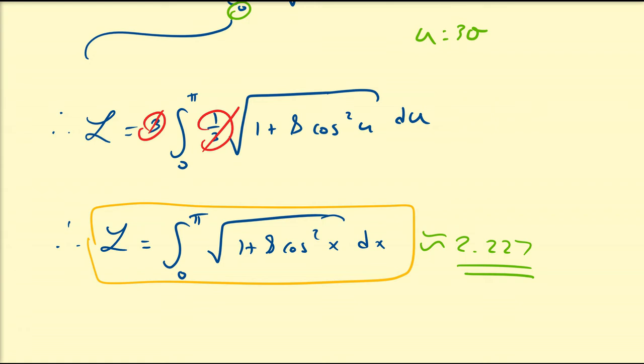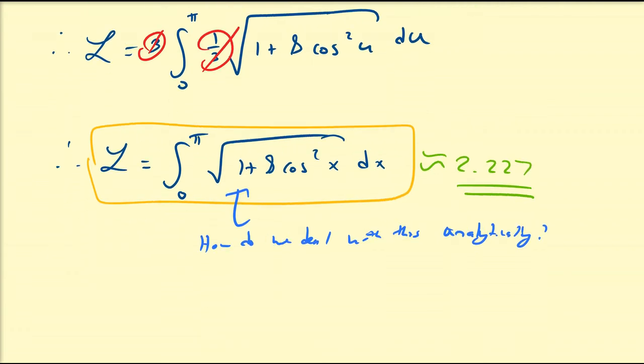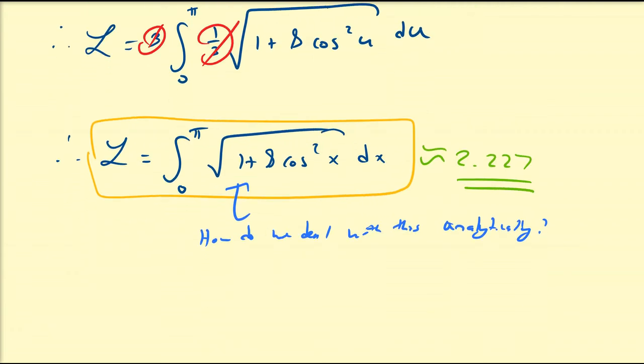So the question will become, okay, well, how do we deal with this analytically? Is it possible to get a closed, nice form for this particular thing? Well, in this case, not very easily, right?